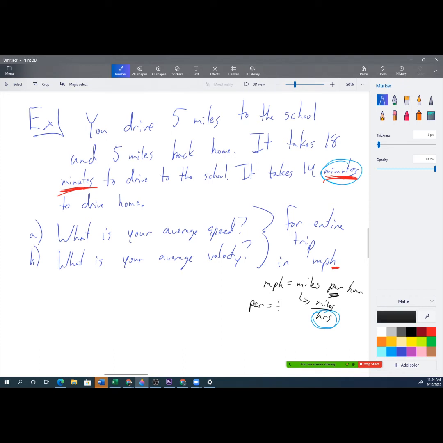So, I want to know my average speed for the whole trip. My speed, remember, is distance over time. Let's go ahead and set this up and then switch our time. How far did I drive total in this trip?